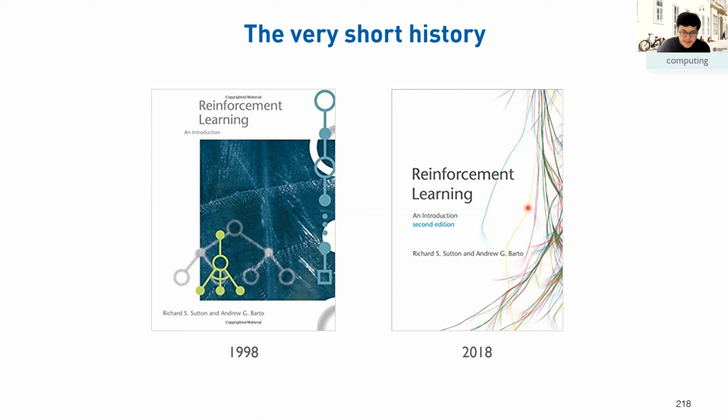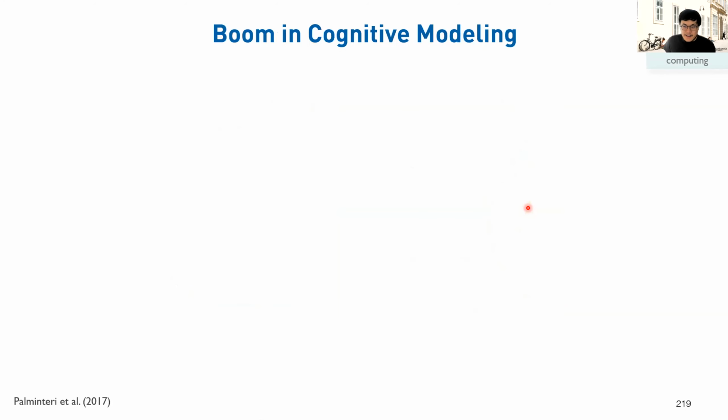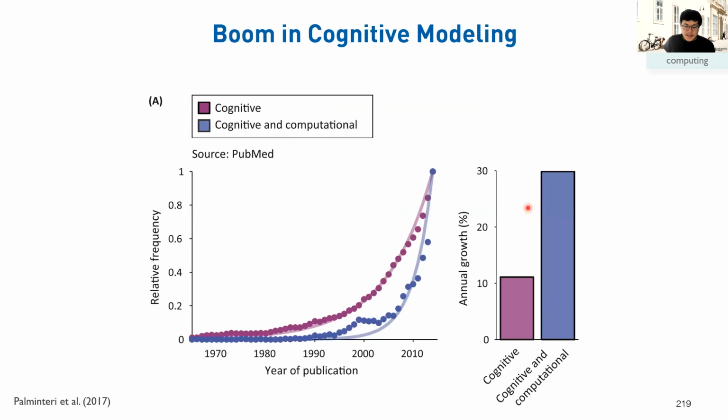RLDM is not an annual conference, it is a biannual conference, so every other year. It is also pretty new. I think the first edition was in 2015, and then 17, 19, and this year maybe online.